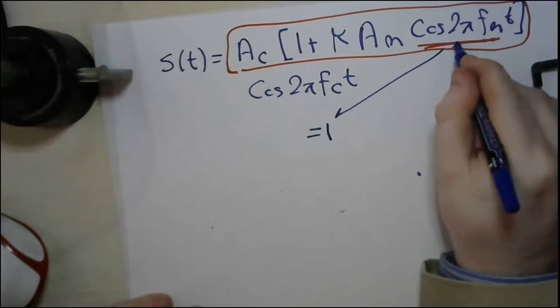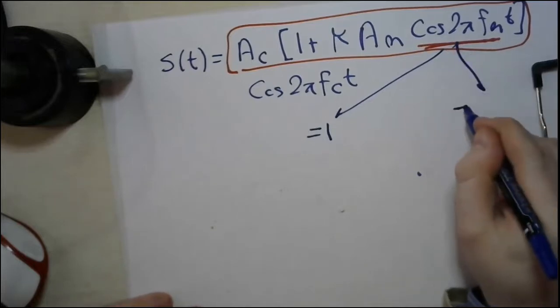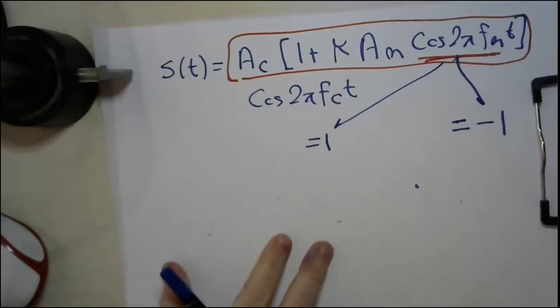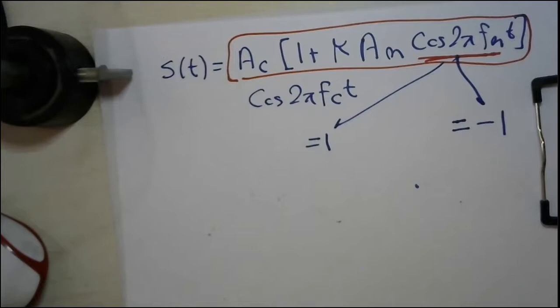If the cosine function is equal to -1, I'm sorry, this will be the minimum. Any cosine fluctuates from -1 to 1. So the question is, am I interested in the maximum or the minimum? Let's see.